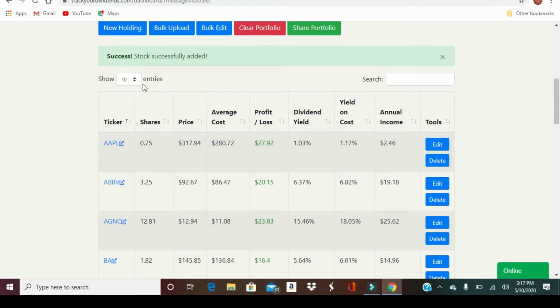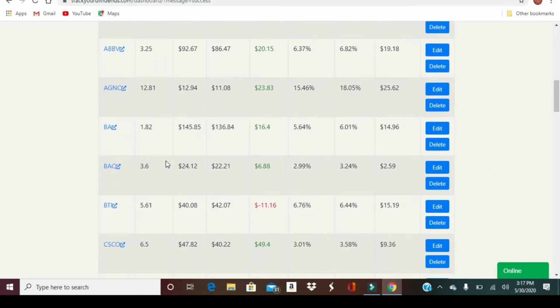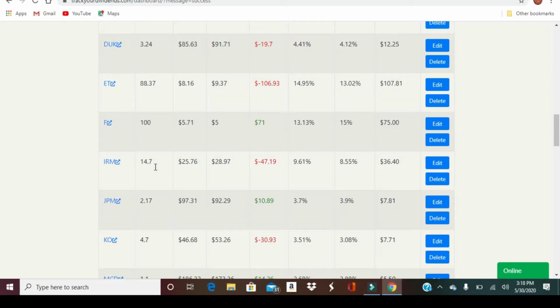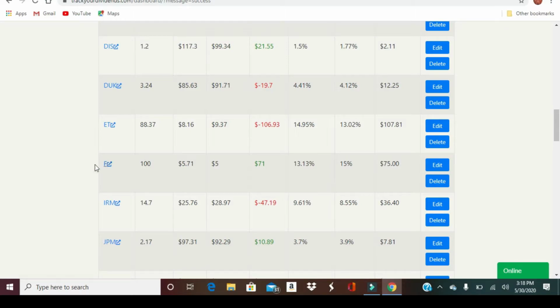So how can we look for Ford, because it goes by alphabet. Ford will be right here. So it is showing you the ticker symbol Ford, the number of shares, the current price is $5.71.